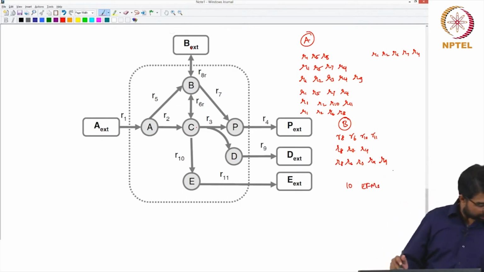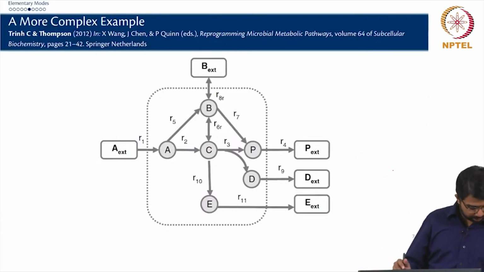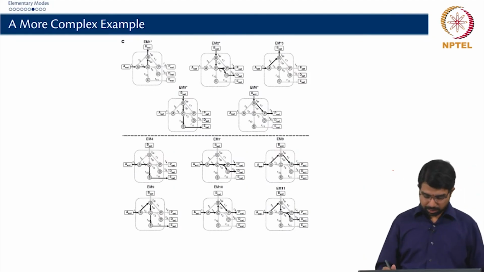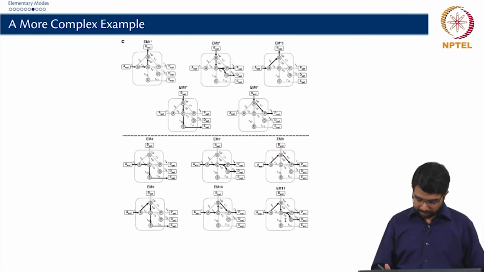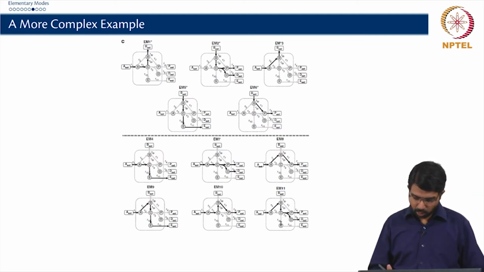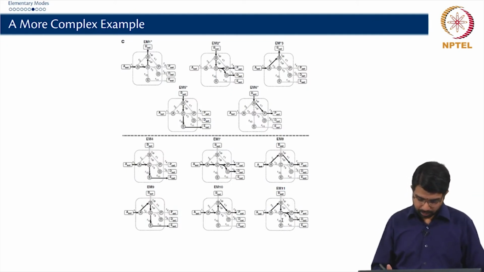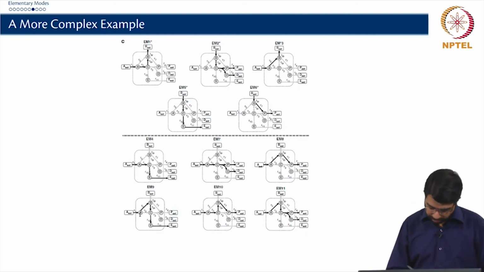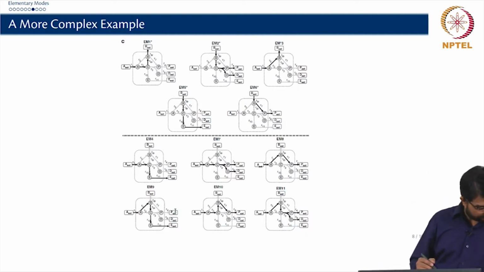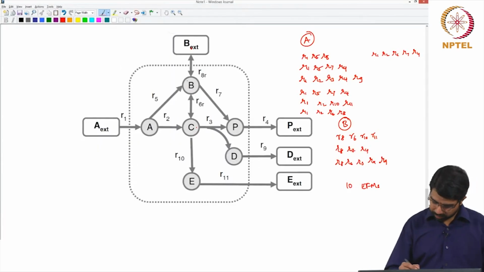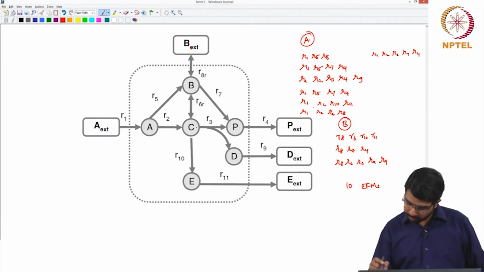Let us see if that is correct. We may have missed out. There are 11 EFMs, we just seem to have missed out 1. What is it that we missed out? Is this there? R1, R5, R6, R10, R11? I think that's the one that we missed.